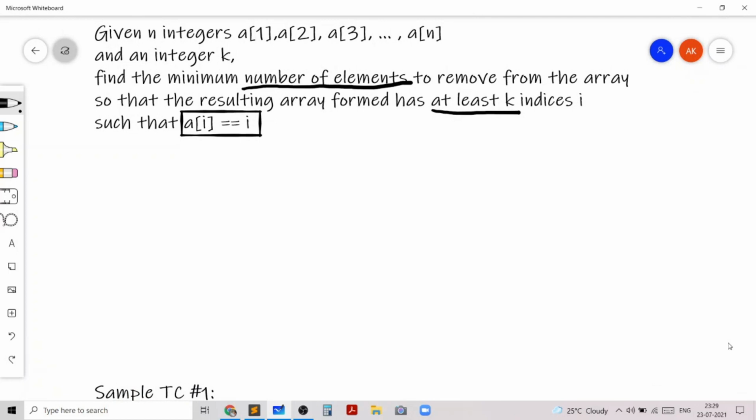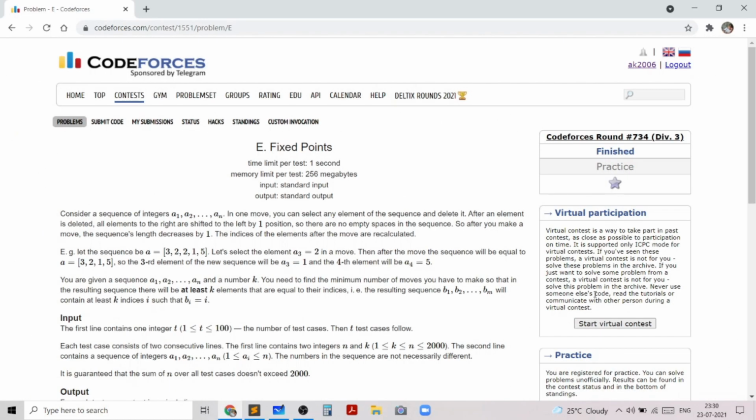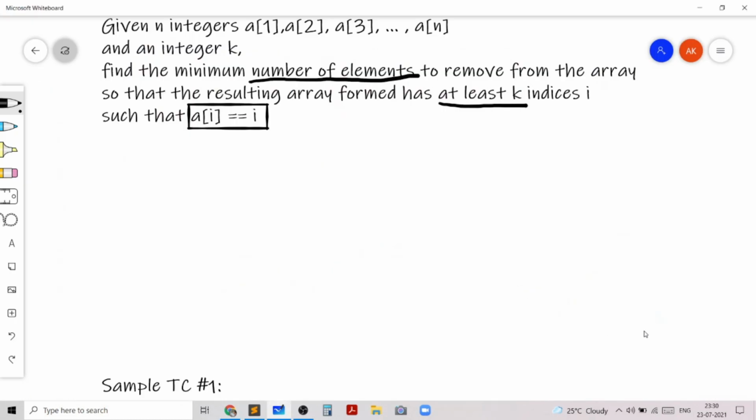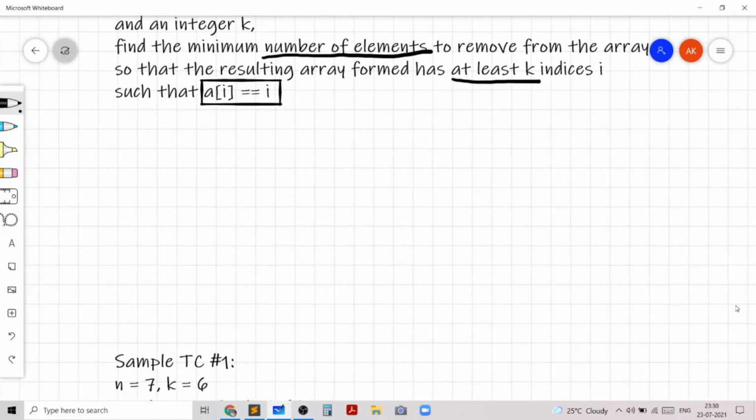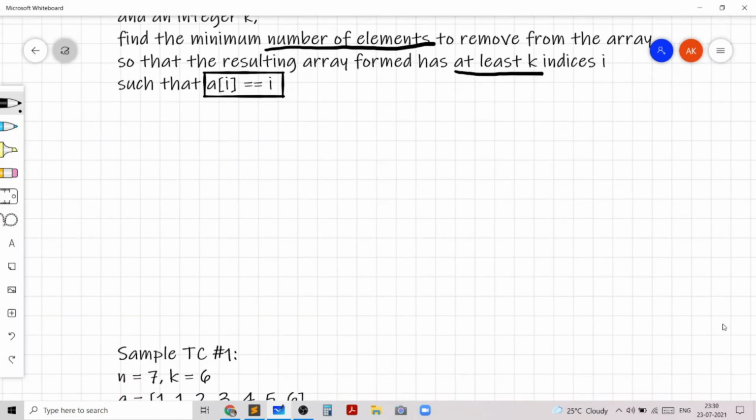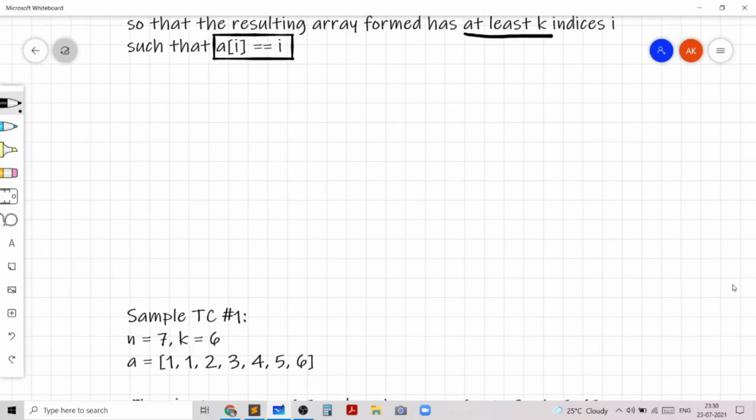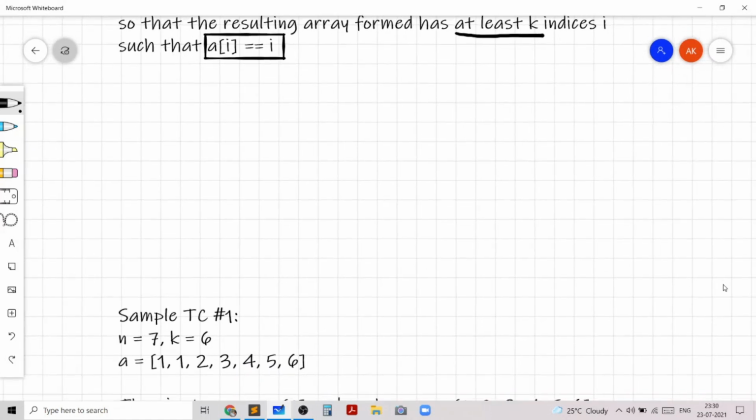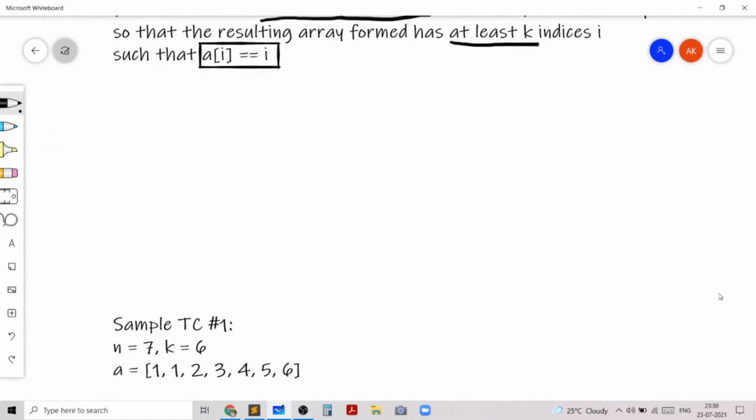So let's take the help of the sample test cases given over here. In the first sample test case, we are given n is 7 and k is 6. And this is the array A which we are given. Let's just number the indices in this array. What we need to do is minimize the number of elements we remove so that the number of positions where a_i is i becomes at least 6.